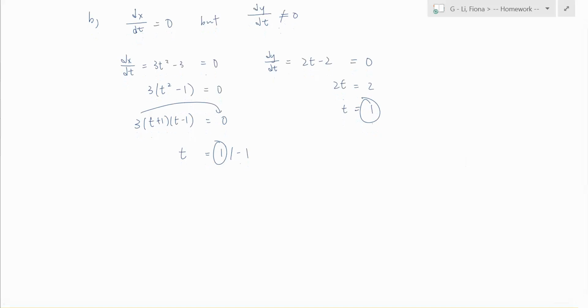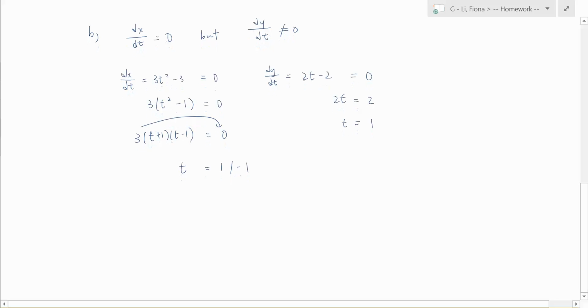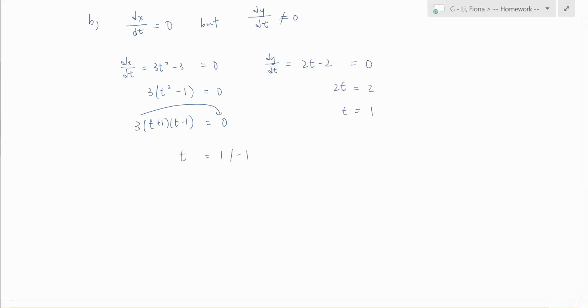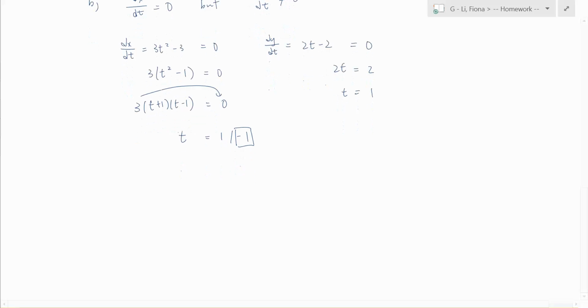And so let's analyze again the answer that we got. So we have to fulfill the requirement of dx/dt being equal to 0, but dy/dt not being equal to 0. So the only time that can fulfill this requirement is when t is equal to -1, because dy/dt would not be equal to 0 at time equals 1.